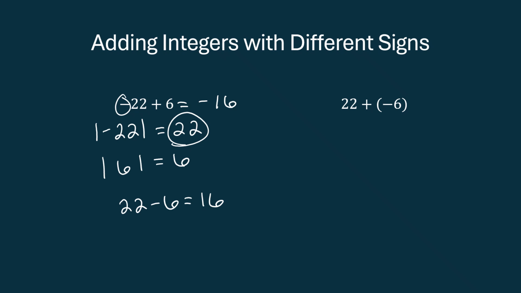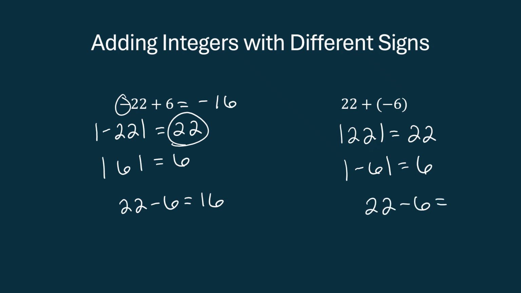In our second part here, we're going to take the absolute value of 22. That's going to be 22. Take the absolute value of negative 6. We're going to get 6. Same thing. We're going to do 22 minus 6. Again, largest minus smallest absolute value.